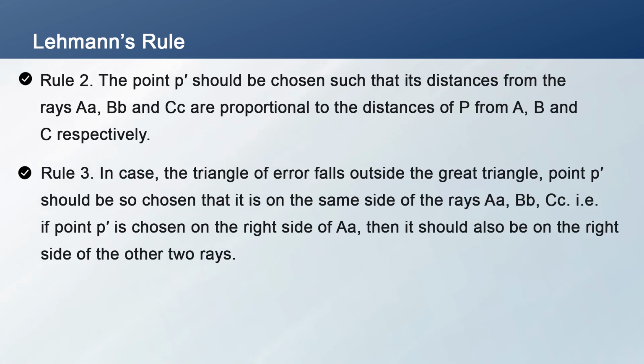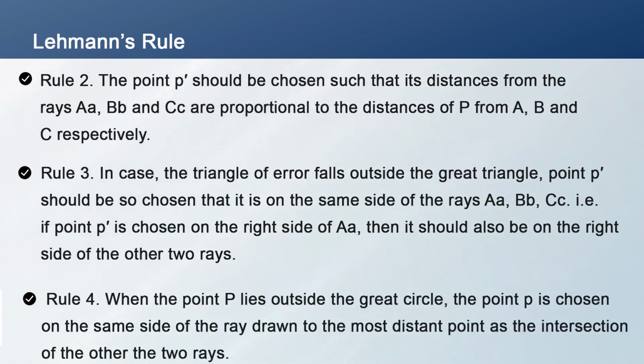Rule number 3: in case the triangle of error falls outside the great triangle, point P dash should be so chosen that it is on the same side of the rays capital A small a, capital B small b, capital C small c. That is, if the point small p dash is chosen on the right side of capital A small a, then it should also be on the right side of the other two rays.